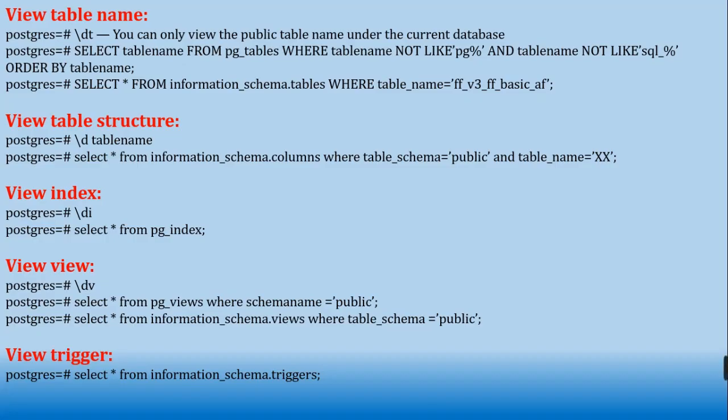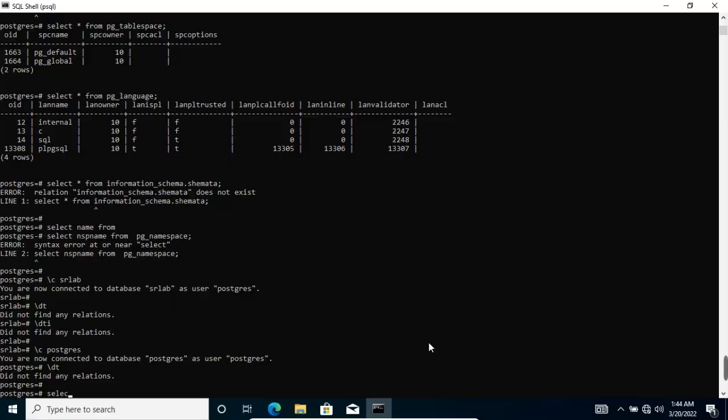So simply, alternately, we can select table name from pg_tables where table name not like that. We can also query to find out the table names. Select table name, so we need to mention the table name.